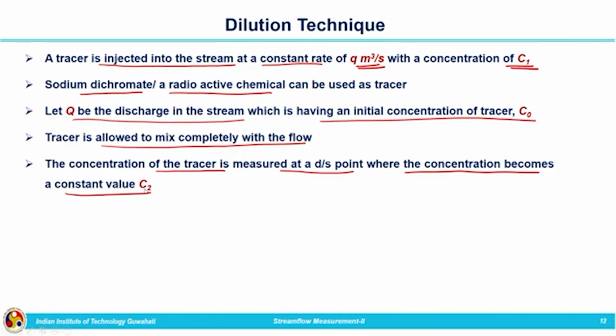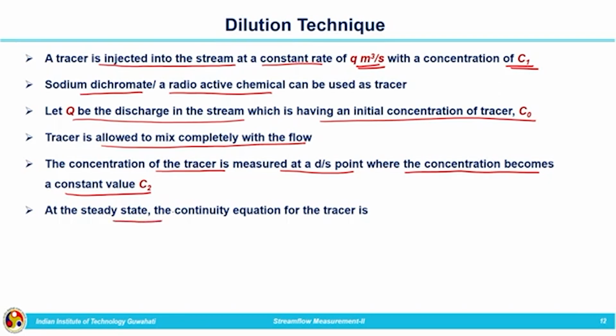So, in this method we are injecting the tracer at an upstream point with concentration C1, and the water already has a certain concentration of the same tracer as C0. The tracer is allowed to mix completely with the water, and we measure the concentration of tracer at the downstream point, represented by a constant value C2.